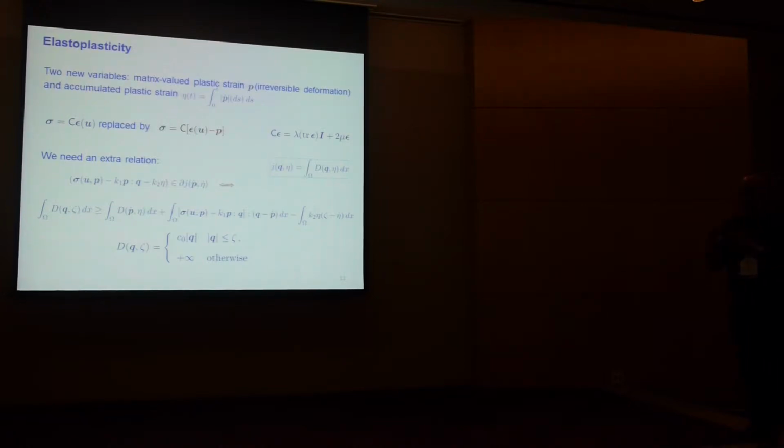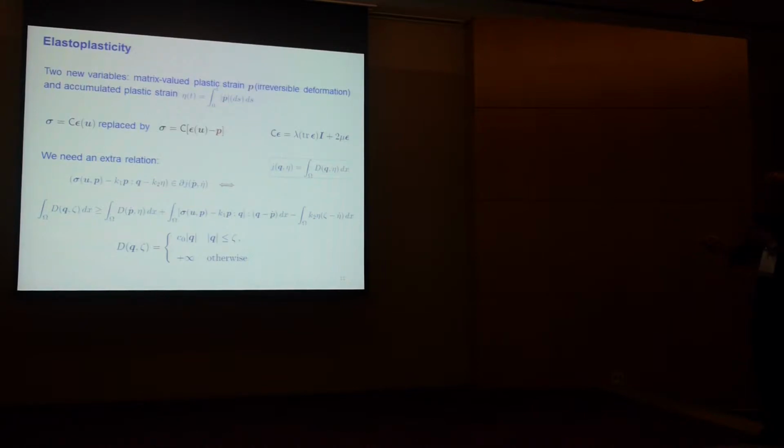Now, in the case of elasticity, from a mechanical point of view, if I remove the loading, the body returns to its original shape, right? It's completely reversible, the behavior. Plasticity aims to take account of irreversible behavior. So I now have an additional variable, P, the plastic strain, which measures irreversible behavior. Think of if you bend a metal rod sufficiently, of course, it doesn't return to its original shape.